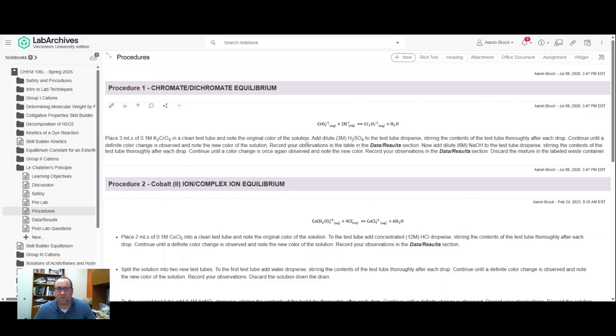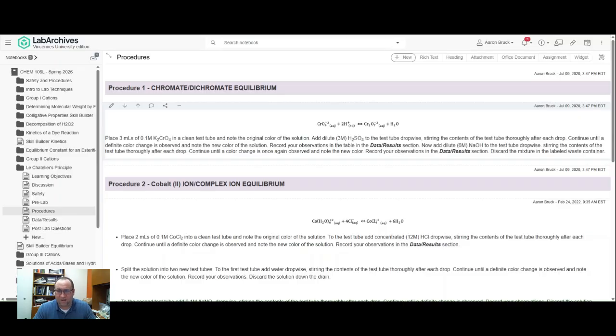The first system that we're going to look at is the chromate versus dichromate system. Now, chromate on its own is a yellow color. You've seen it when we were doing lead testing. Chromate is the ion that you use to determine the presence of lead. So we know what that looks like. It's that kind of dark straw yellow color.